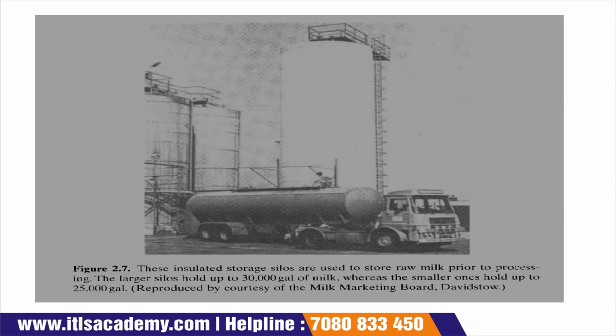Now the next one is this. This is the diagram of the insulated storage silos used to store raw milk prior to processing. The larger silos hold up to 30,000 gallons of milk, while the smaller ones hold up to 25 gallons.